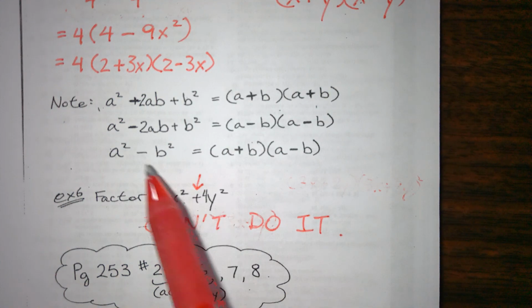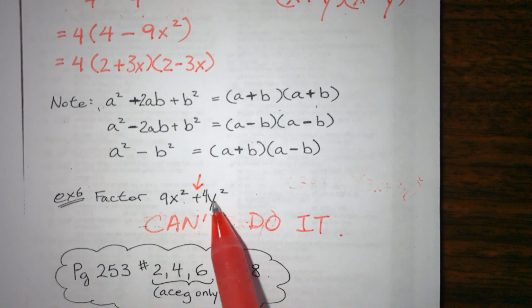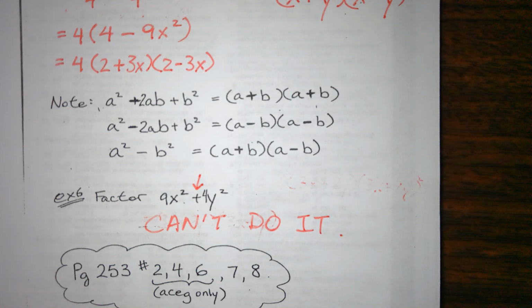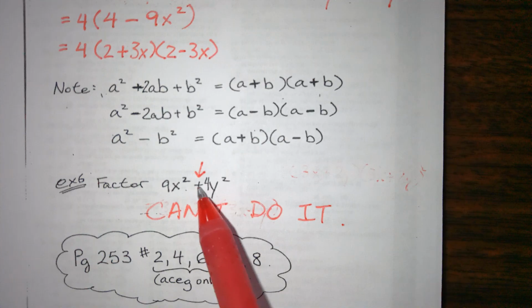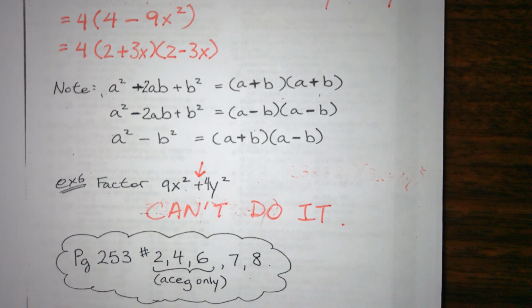This property right here is called difference of square. There's no rule for sum of square. It doesn't work. As I said, if this was minus, then yes, it will work because then it will be a difference of square.